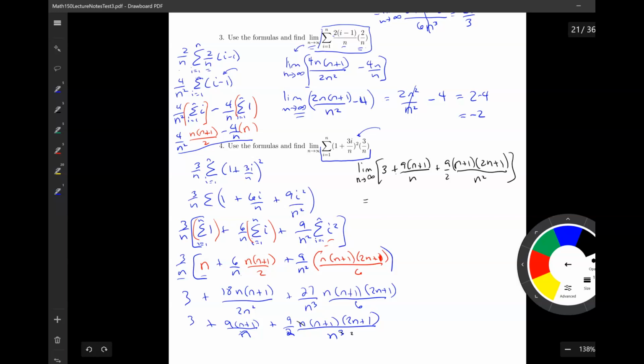Okay, taking highest powers, limit as n goes to infinity, there's no n's there, so that's just 3, plus highest powers here would give me 9n over n, because I'm just taking highest powers, right? And then plus 9 halves. So going in to take highest powers from the numerator will be n times 2n, so that's 2n squared over n squared. So let's cancel, go to the next step. So I get 3 plus 9 plus 9. 18 and 3 is 21.